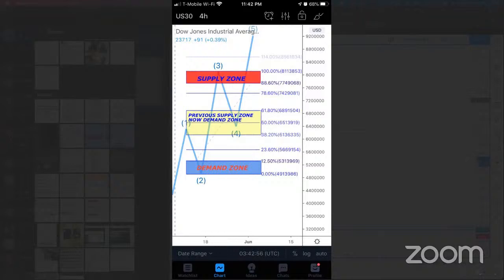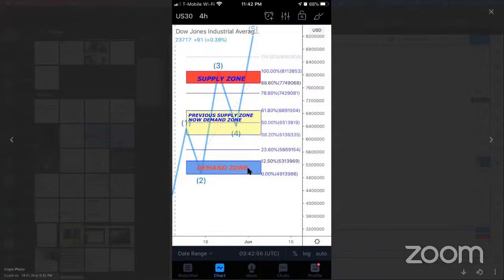In both cases, supply or demand, that will be the same area, right? Like in this case, demand and supply will be changed, right? But demand will be the same for next time, when the candle comes here, then we can look at that zone like a demand zone, right? For a buy.